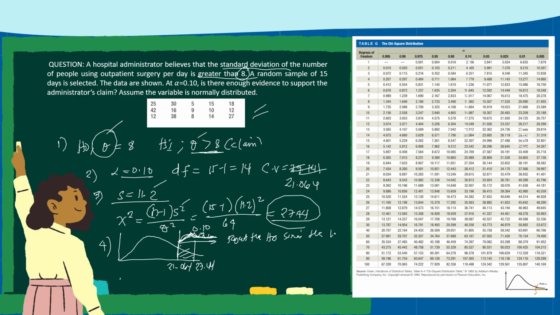Since the test value of 27.44 is greater than the critical value 21.064, and it falls in the critical region, in step number 5, our claim is the alternative hypothesis and we reject the H0.